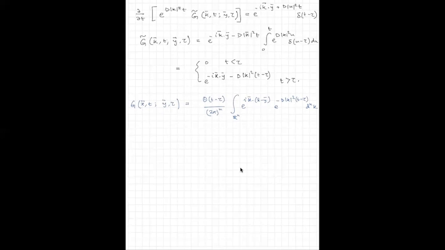So you can write this in terms of S n of x minus y, t minus tau, where S n is the one that you had seen before. It's the same fundamental solution that you had before, so we have got that back. Very good.